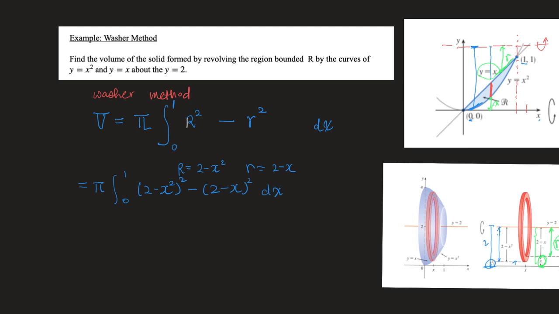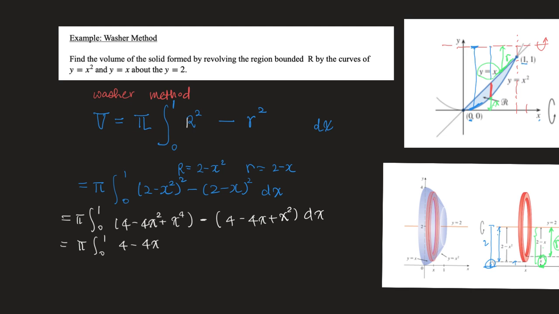Now when you have this, you have to simplify. Be very careful with the algebra. Expand (2 minus x squared) squared: 4 minus 4x squared plus x to the fourth. Minus, expand (2 minus x) squared: 4 minus 4x plus x squared, dx. Make sure with the algebra, when you distribute the negative: 4 minus 4x squared plus x to the fourth, minus 4, plus 4x, minus x squared, dx.